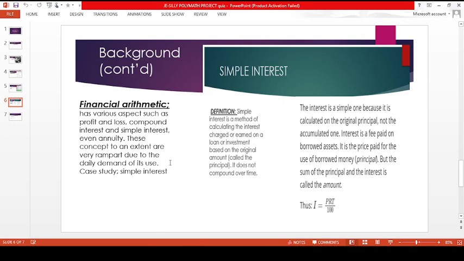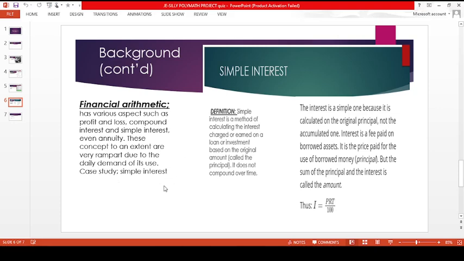Financial arithmetic has various aspects such as profit and loss, compound interest, simple interest, even annuity and amortization. These concepts are very rampant; in other words, they are put to day-to-day use.